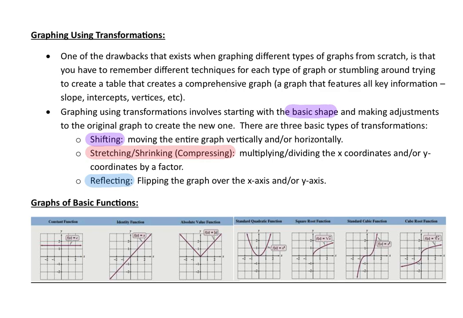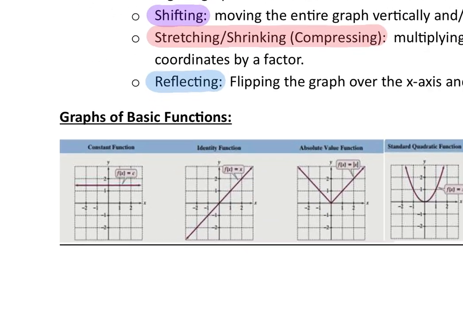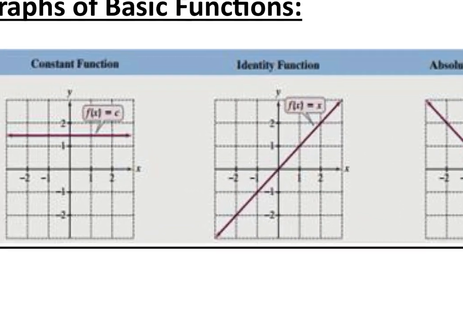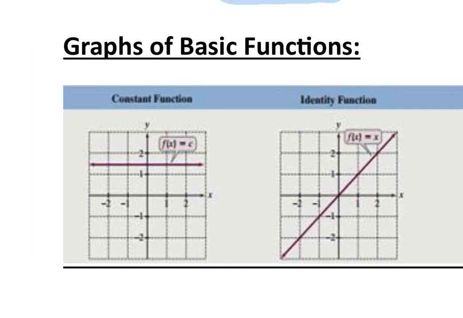All right, so we want to talk about our basic functions that we are going to be working with. The first one that we have is our constant function. This is a basic function, but keep in mind that we're really not going to play around with this one very much. It's not a very exciting function, but it does exist in terms of our basic functions.